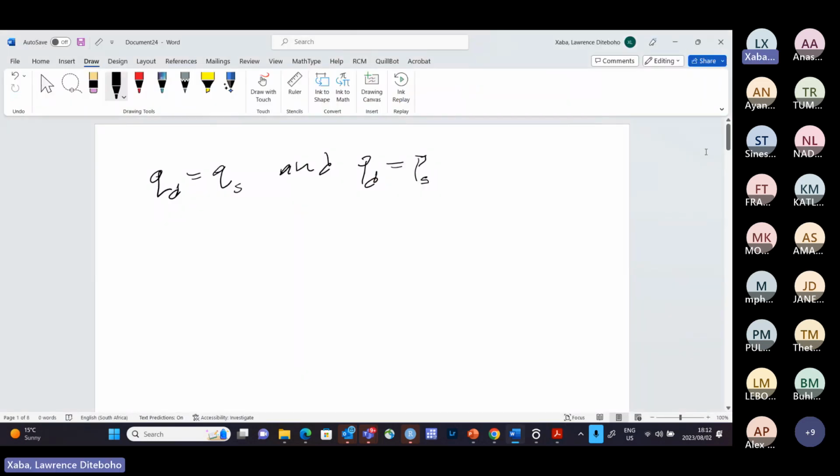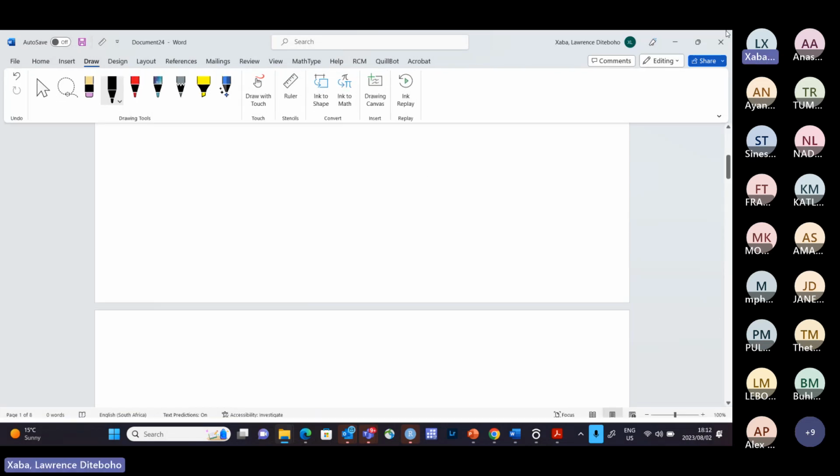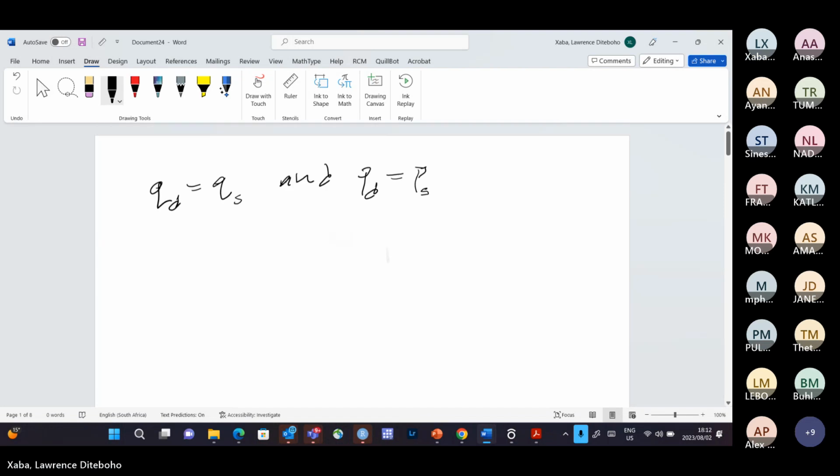When I started, I said to you, to do this, we are still going to use the same equations, if you remember the linear equations that we started with when we were doing demand and supply of linear function.